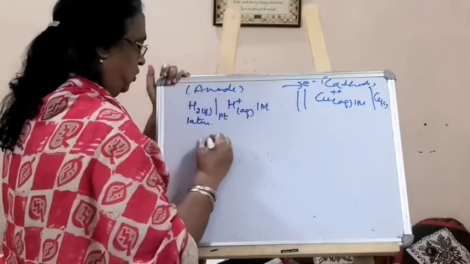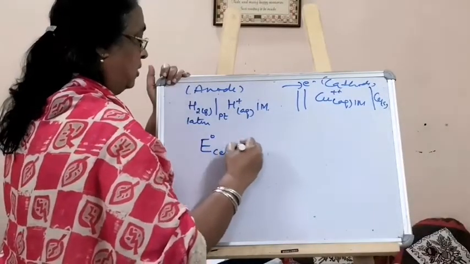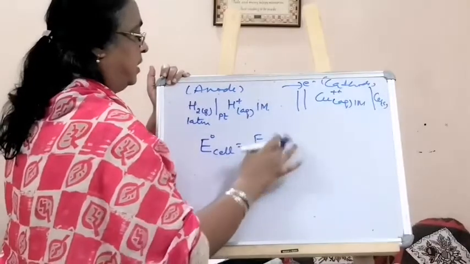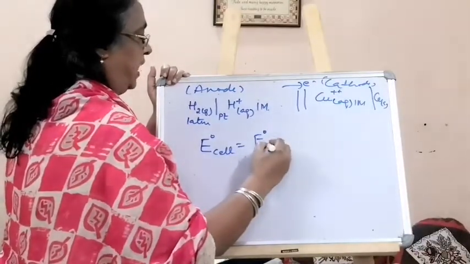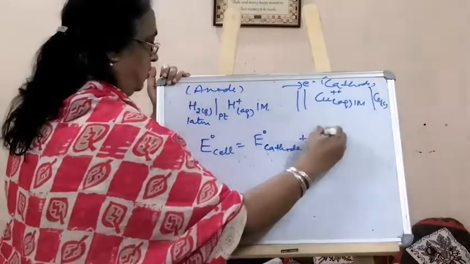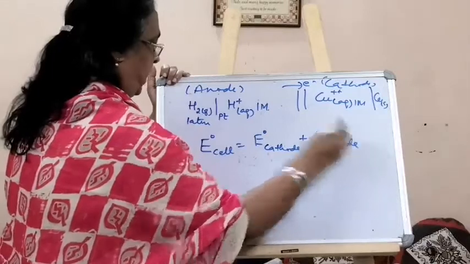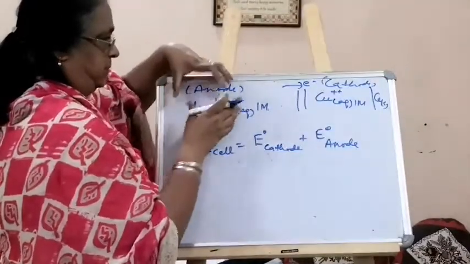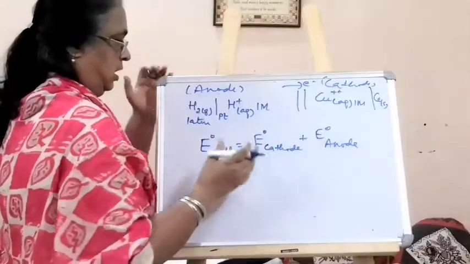So if you want to know E0 cell, it should be E0 cathode plus E0 anode. In the general formula we should have the electrode potential of this plus the electrode potential of that.